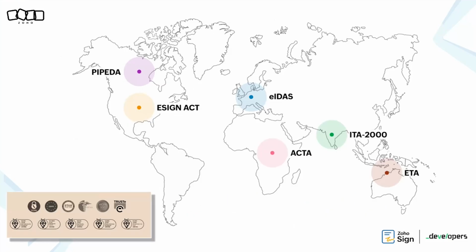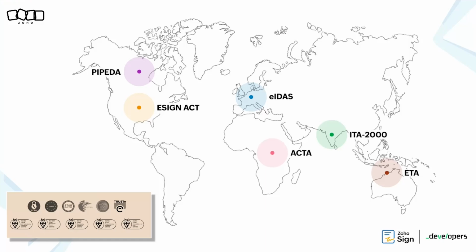Like I was saying earlier, if you take any business model, it doesn't get constricted within a particular region. You may have clients or a business deal from across regions. So when it comes to a signature, it is imperative that the signed document complies with both countries' laws.